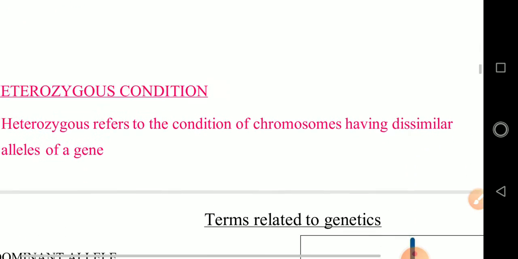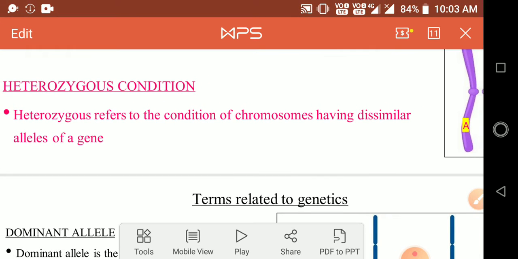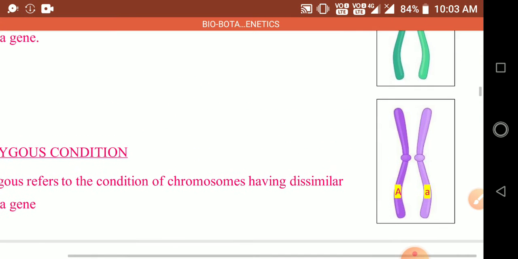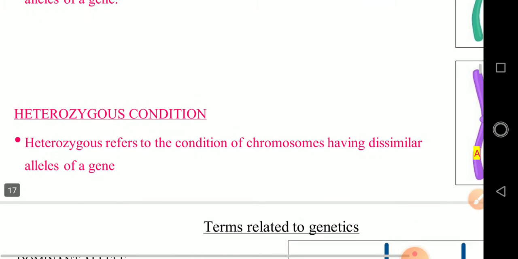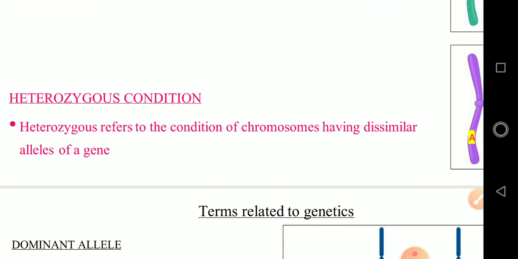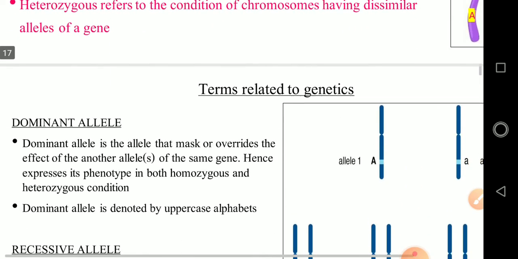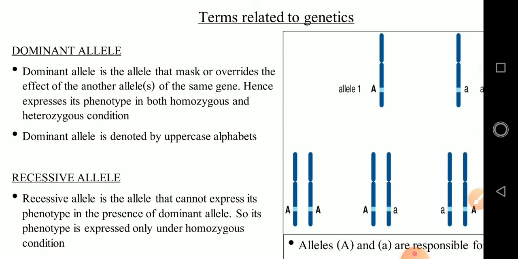Heterozygous condition. Hetero means different or dissimilar. See this picture, in this chromosome, capital A, small a are alleles. So dissimilar alleles of a gene. This is heterozygous condition.